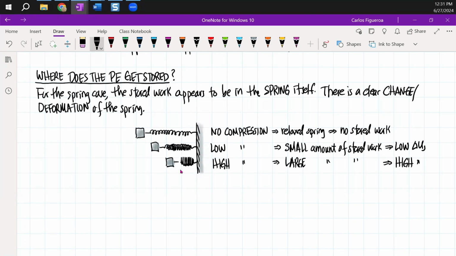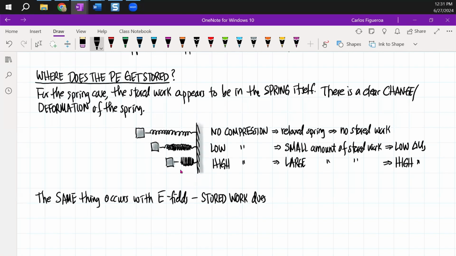The same type of thing occurs with electric fields. Stored work goes into the electric field.